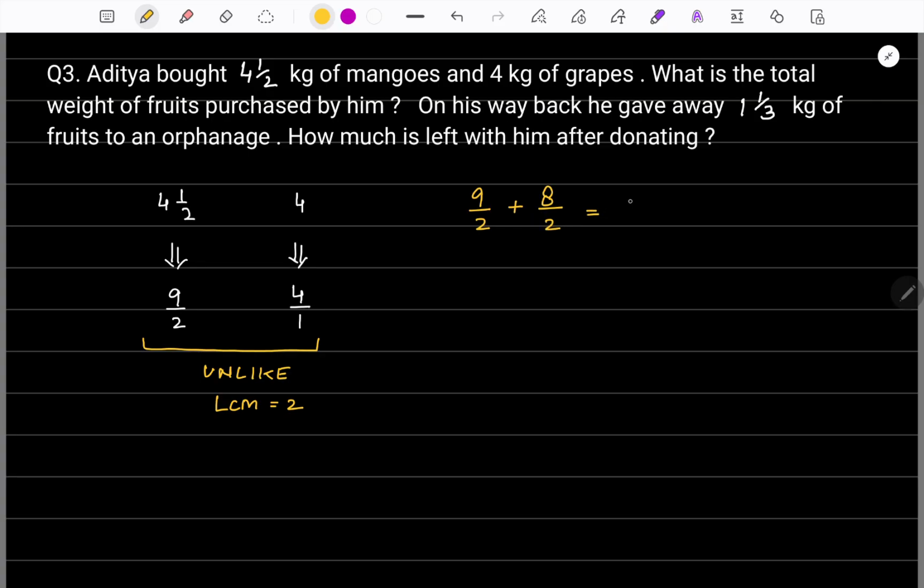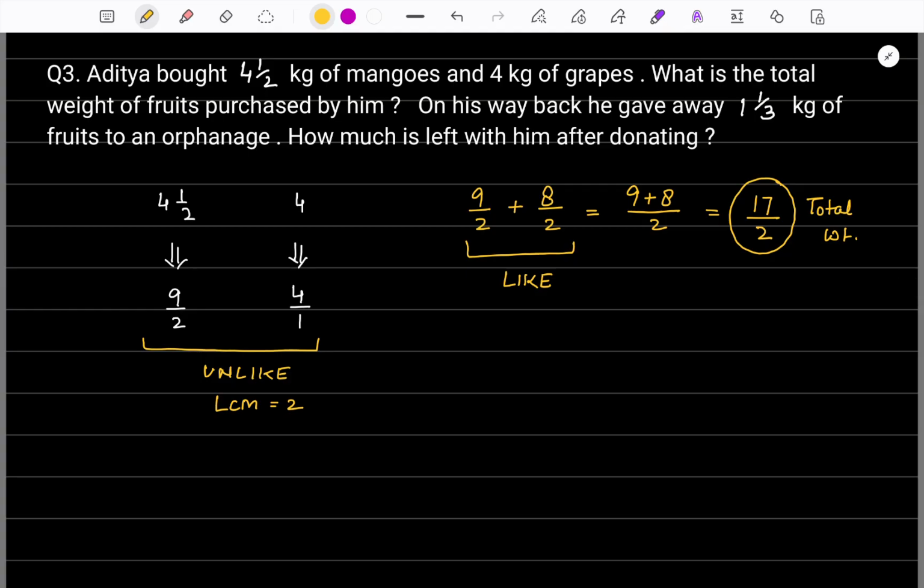So we get 9 plus 8 by 2, because this is now a like fraction. So we add the numerators and write the denominator as such. The answer to this is 17 by 2. So 17 by 2 is the total weight that Aditya is carrying when he bought 4.5 kg of mangoes and 4 kg of grapes.